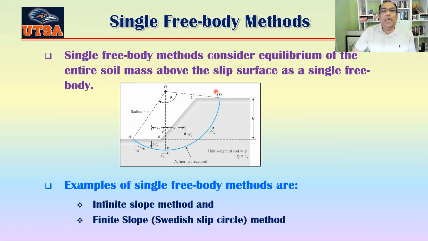When you use just one single free body diagram and try to find out the static equilibrium, then we call that the single free body method. There are two different ways we can do that: the infinite slope method and the finite slope method. Okay, so let's explain each of them so that you can solve the problem.